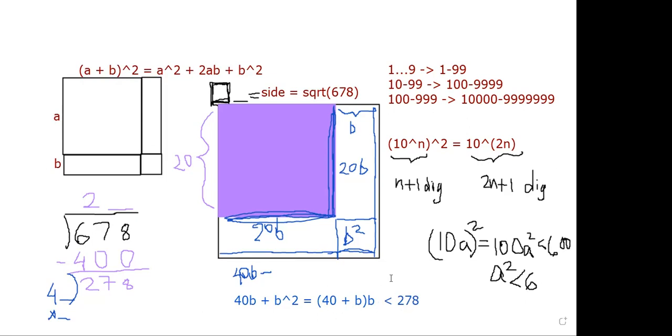So we need to find such a B. The process is very similar: we are trying to find the largest possible B so that this area is less than 278.